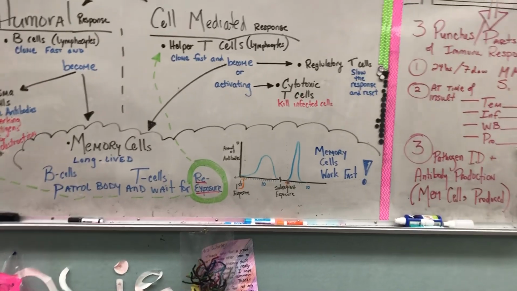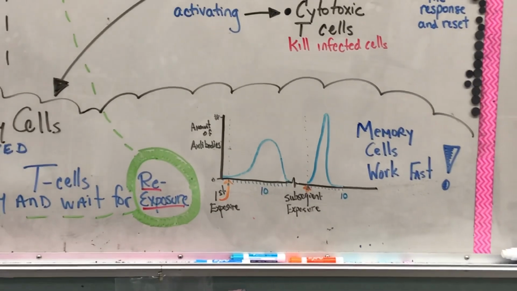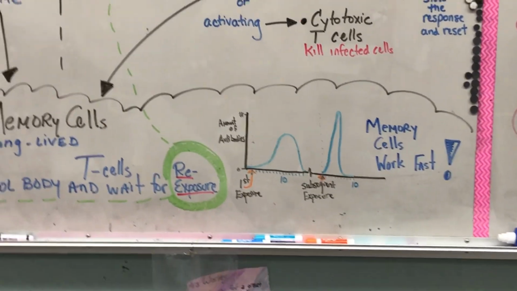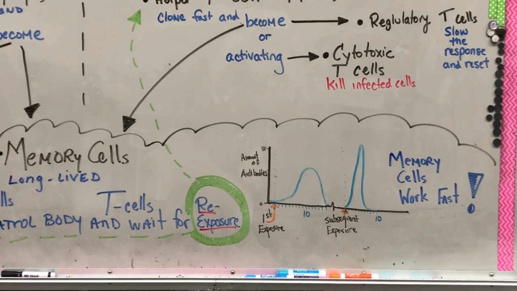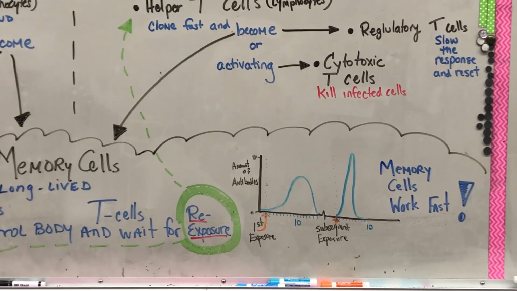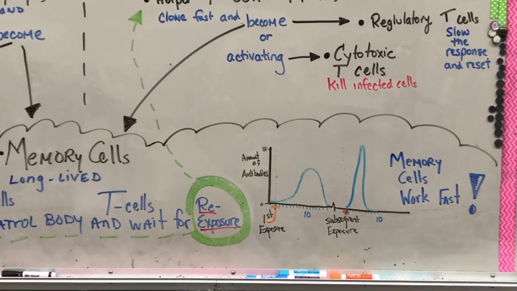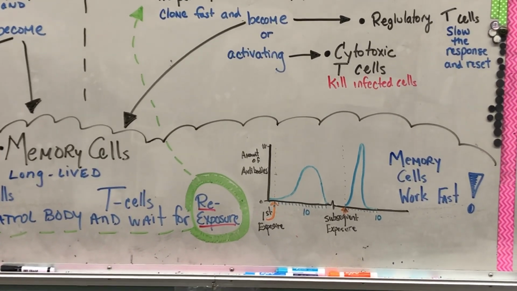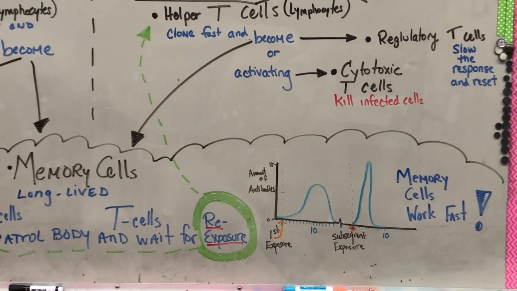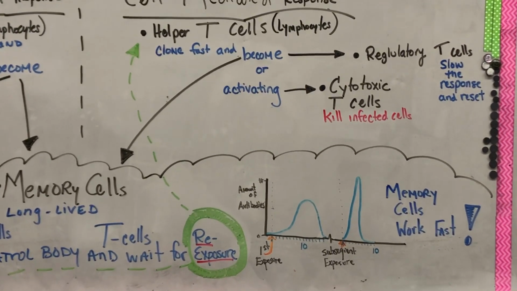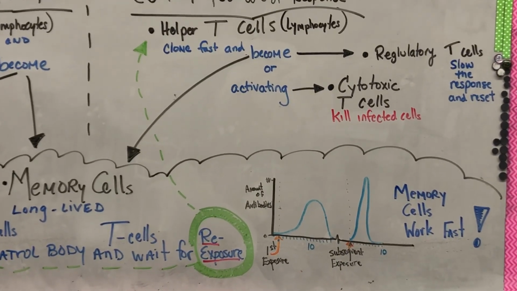If you look closely at this graphic, you'll see that on the y-axis, it says the amount of antibodies. And on the x-axis, it doesn't say, but it's actually time. Initially, there is a first exposure to an antigen, and it takes a few days for the body to actually kick into the specific or acquired immune response and start taking in these pathogens.